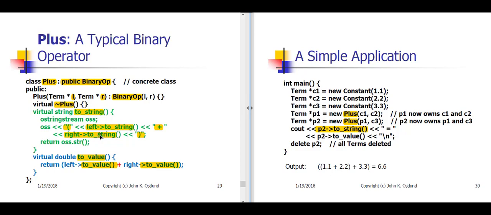Now, the left-hand side here is a plus. So we're going to end up recursively calling toString again to handle this lower level plus P1.